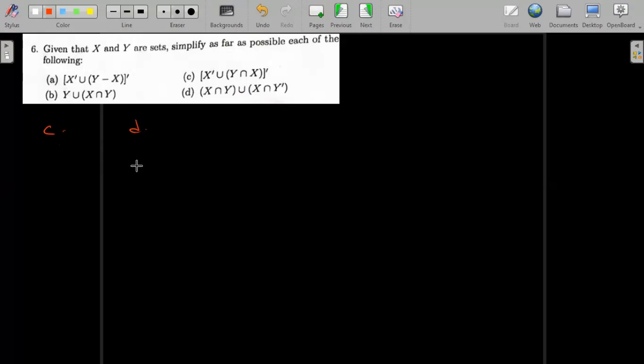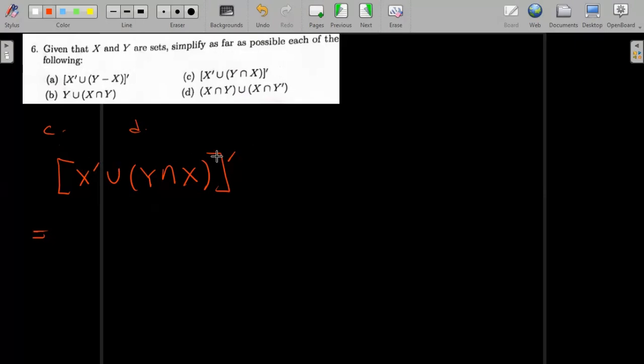They're telling us, given that X and Y are sets, simplify the following further. So C, remember there's a big bracket: X complement union Y intersect X complement, then there's a complement outside. When simplifying, we first distribute that complement.